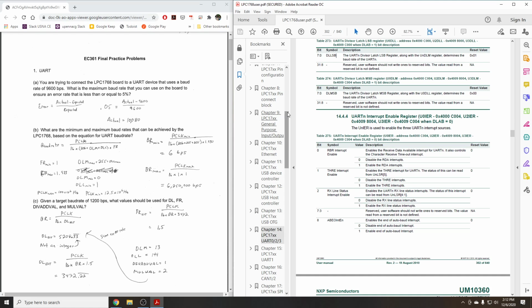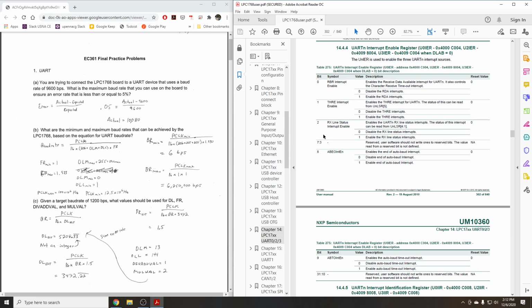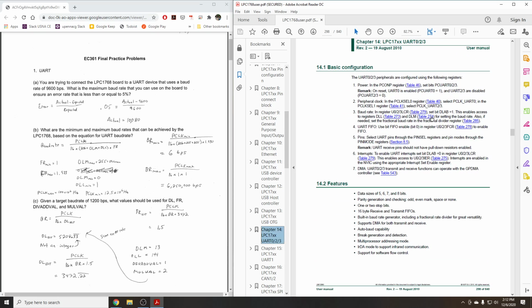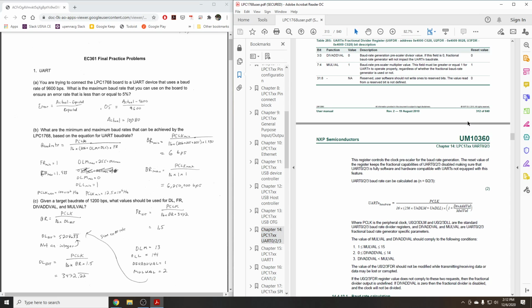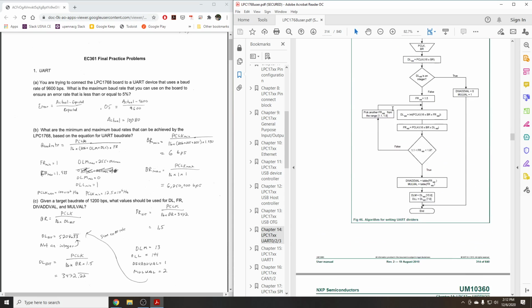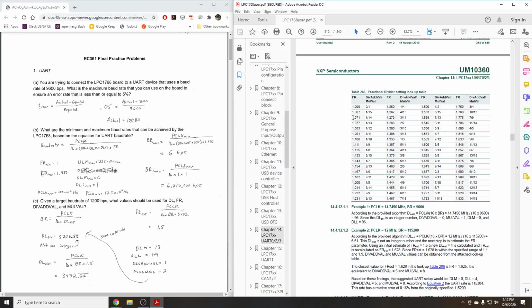I can also look at the values, if I go back here, that I can put into the fractional divisor register. This is the div add val and mul val values, and I can get the minimum and maximum from this table here. So these are in FR, the biggest and smallest values that we can get by doing 14 divided by 15.